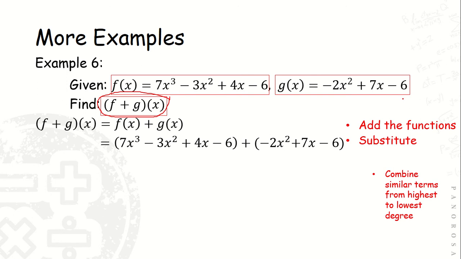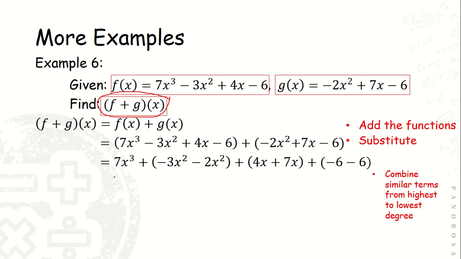Next, we will go back again to combining similar terms from highest to lowest degree. So we have 7x cubed plus negative 3x squared minus 2x squared plus 4x plus 7x plus negative 6 minus 6. So we have 7x cubed.